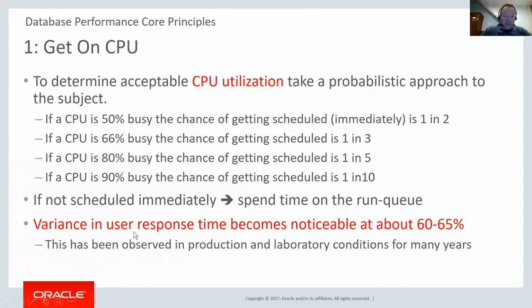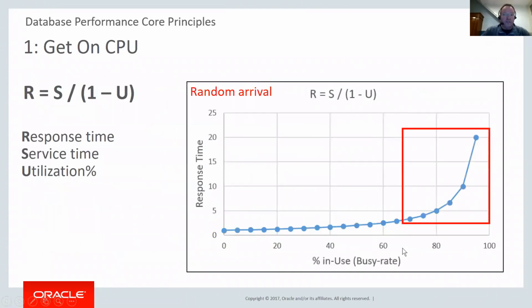And the variance of the user response time, and I'll have a graph for this on the next slide, becomes noticeable at about 60-65% busy CPU utilization on a database server. This is not something new. This has been observed in production and laboratory conditions for many years. This is basically a bit of standard queuing theory. The formula that plays a role here is this one.